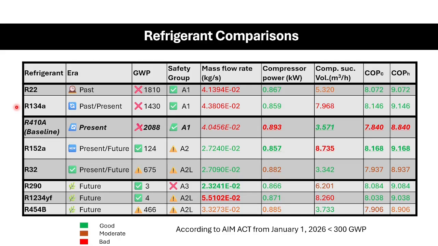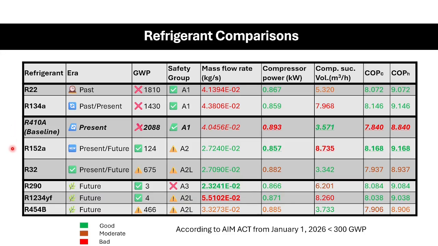For the present refrigerants in use, the baseline R410A has a high GWP value of 2088 and it is A1 safety category. It has a high mass flow rate and the highest compressor power consumption of 0.893, whereas it has the lowest compressor volumetric flow rate, good for compactness, and the least COP values.